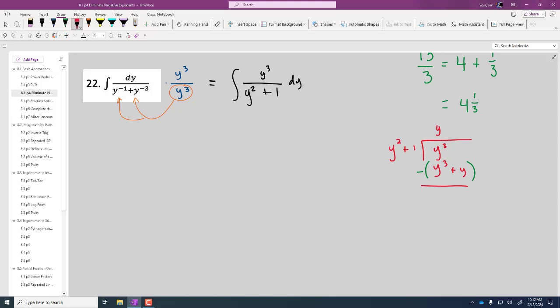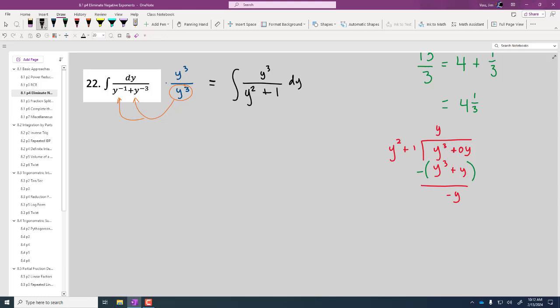And then we subtract. Y cubed minus y cubed is 0. And then up here, if you have to, you can put in a placeholder. There's no y's up here. So then you have 0y minus 1y, which is negative y. And as soon as this power is below that, you're done. Just like regular division. As soon as it's smaller, you're done.